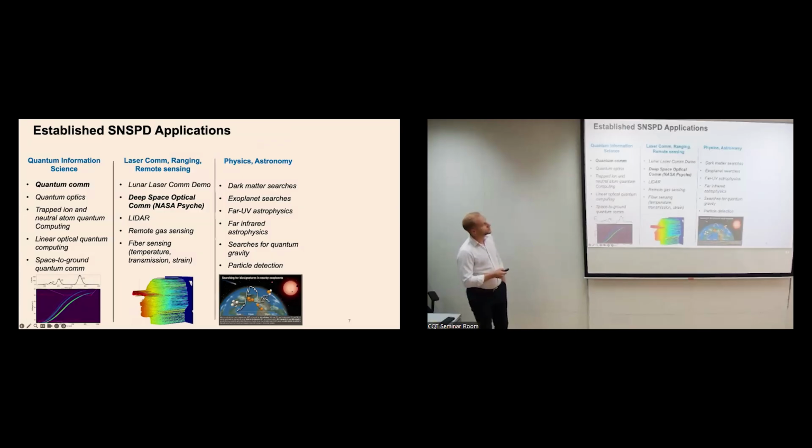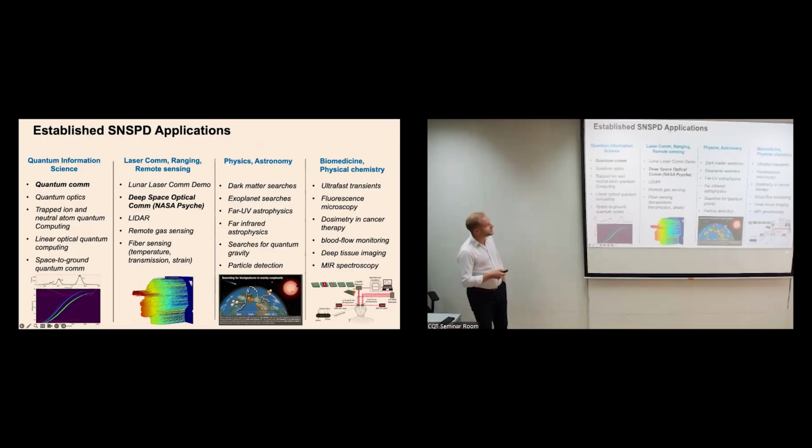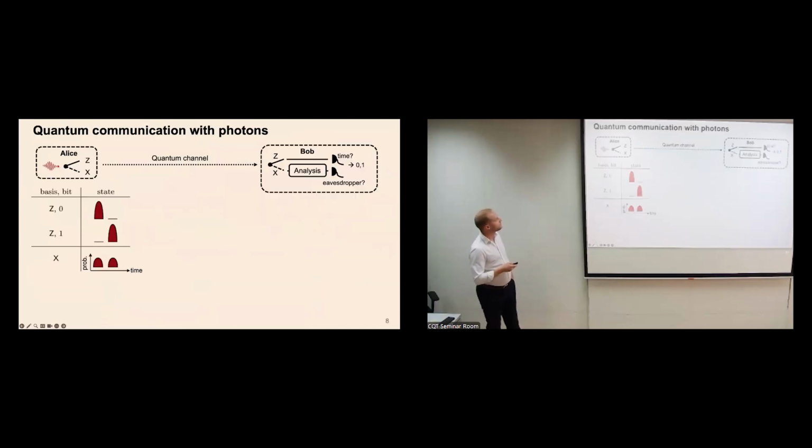People want to use cameras of SNSPDs for exoplanet searches, far infrared astrophysics, etc. And then biomedicine and physical chemistry typically operate at wavelengths that people don't think about. Now that these detectors are really broadband, you can go to these folks and ask, what camera do you actually want us to fabricate? In this talk, I'll concentrate on quantum communication and deep space optical comm. If you want to ask questions about any of the others, reach out.